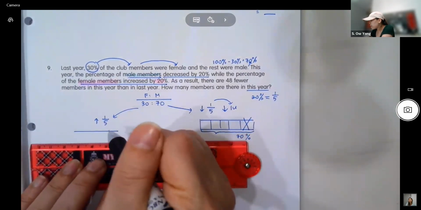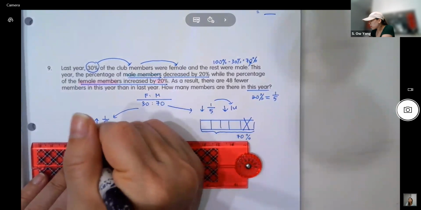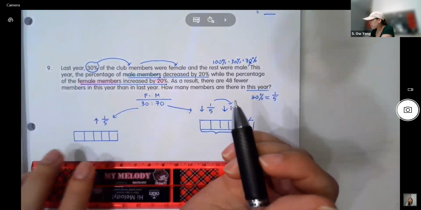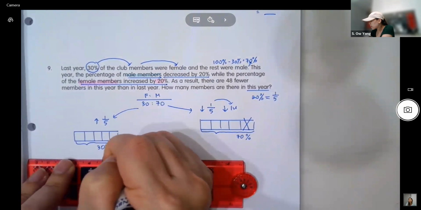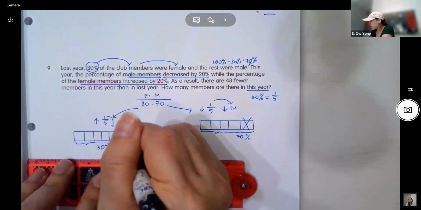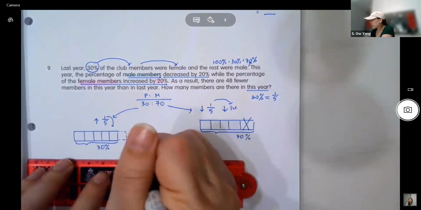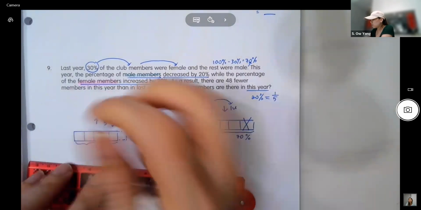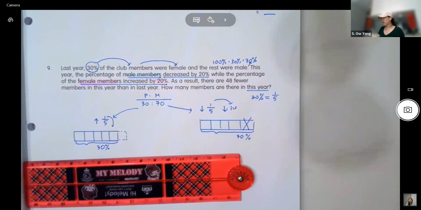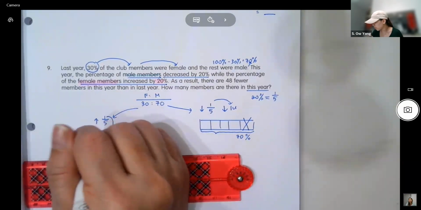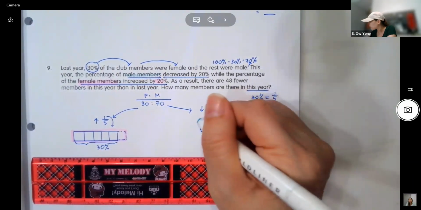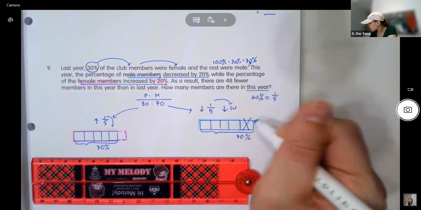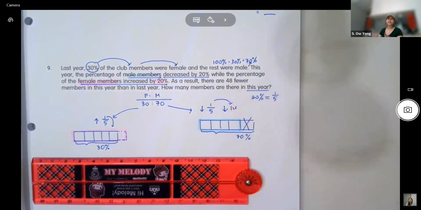Means originally, you have 5 units here, and this represents the 30%. Now you increase by 1, it becomes from here to here. So I draw out for you. It's the increase. But for the male, it's from here to here only. You see, it's quite confusing, so we will settle part by part.